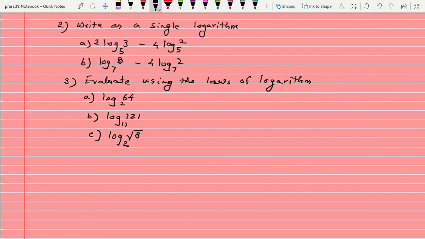Now in the last class we had done the same problems like log of 64 to base 2 by using the definition of logarithm. If you remember, take it as x and change the log form to index form. But here we evaluate it using the laws of logarithm.